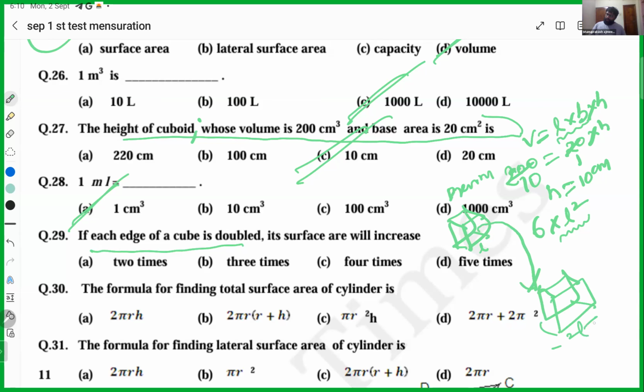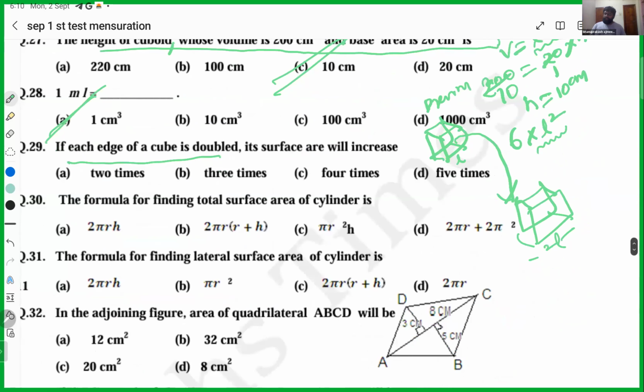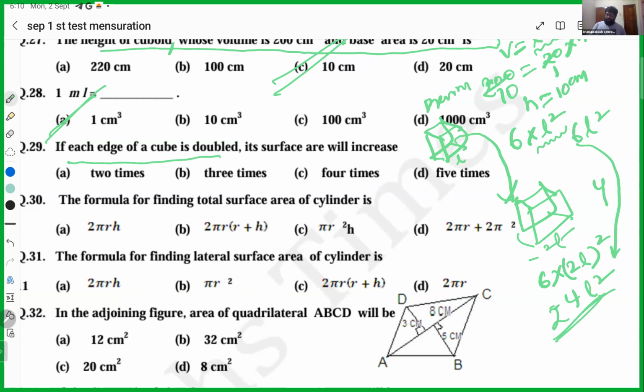So the surface area is 6 into 2L whole square, that is 6 into 4L square, which is 24L square. Compared to 6L square, it is multiplied 4 times. So the answer is 4 times. Any confusion in this?